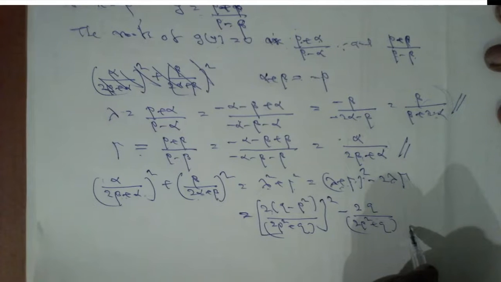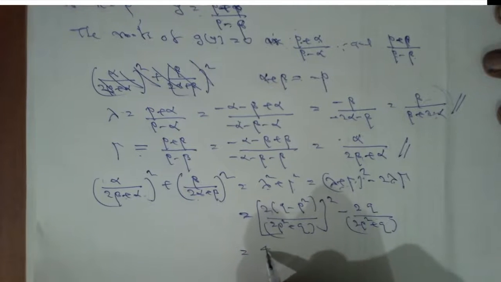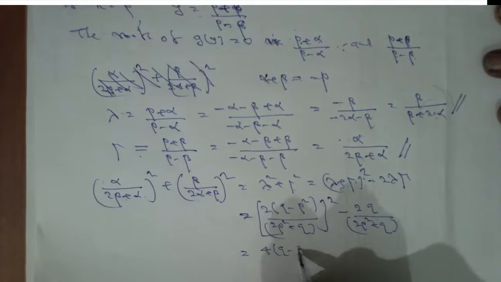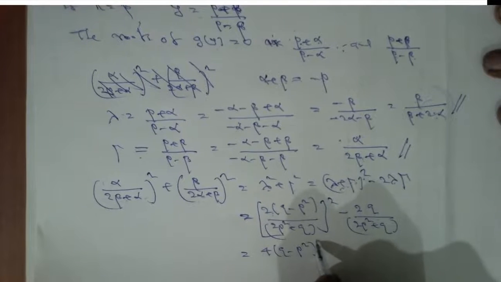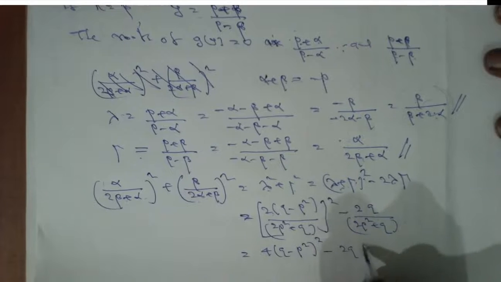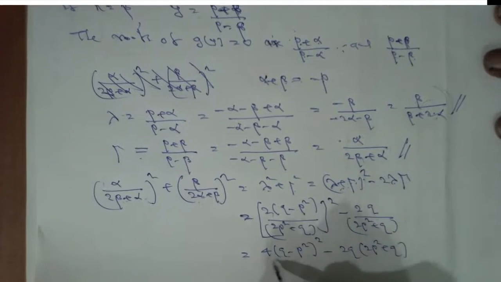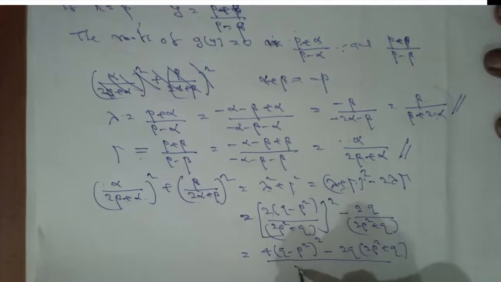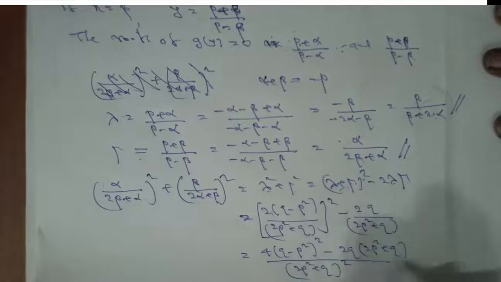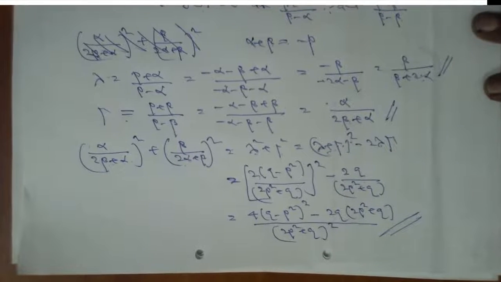You can keep this without simplifying if you want, no need to simplify. 4 into (q minus p squared) whole thing squared, minus 2q times (2p squared plus q), whole thing divided by (2p squared plus q) whole thing squared. So you can keep the value of this expression in terms of p and q like this.